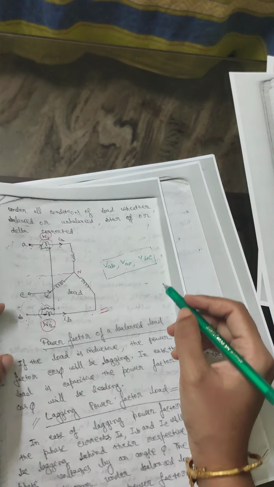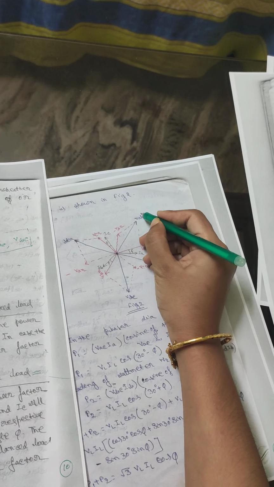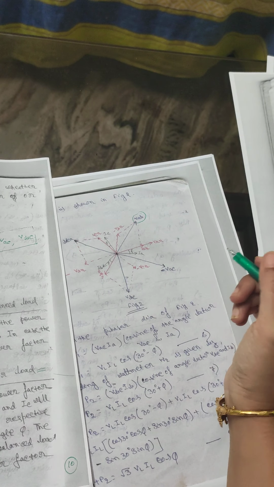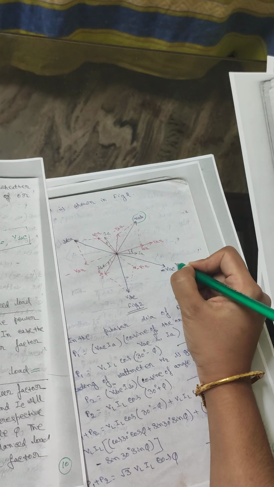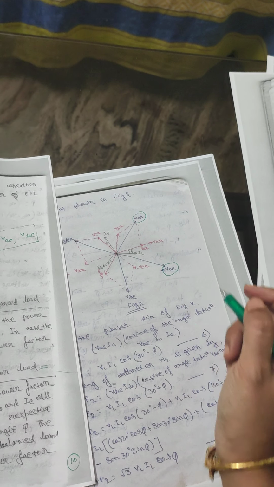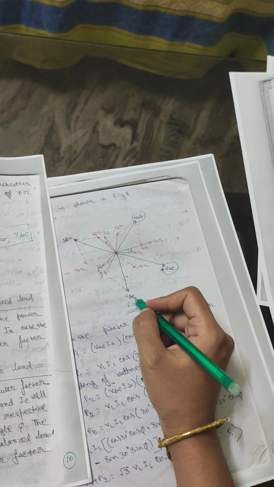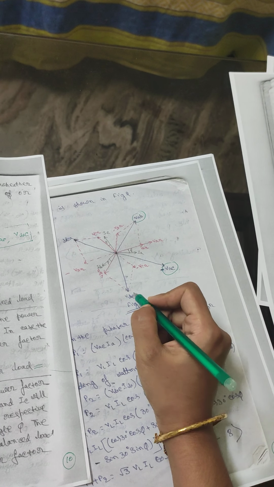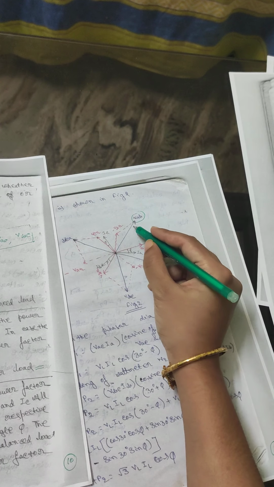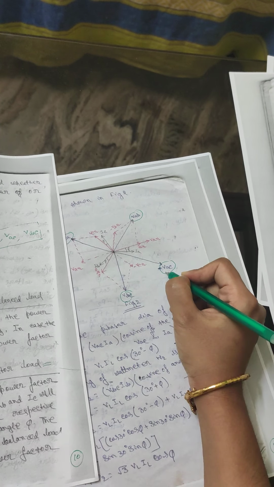See, if we draw the three line voltages, VAB, VAC and VBC, VAB, VCA, and it will be VBC.